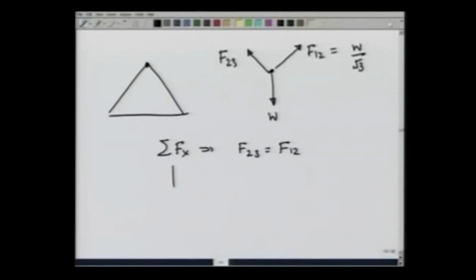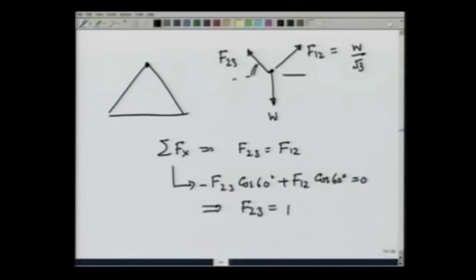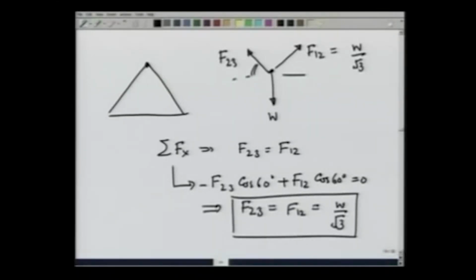Of course, this comes with F23, this angle is 60, cosine of 60 degrees with a minus sign, plus F12 cosine of 60 degrees is equal to 0, and this gives you that F23 equals F12 equals W over root 3. So we have determined all the forces in the system by looking at equilibrium of each point.